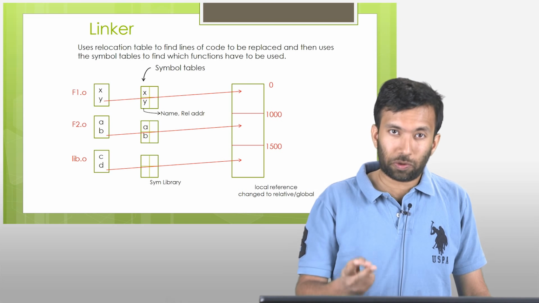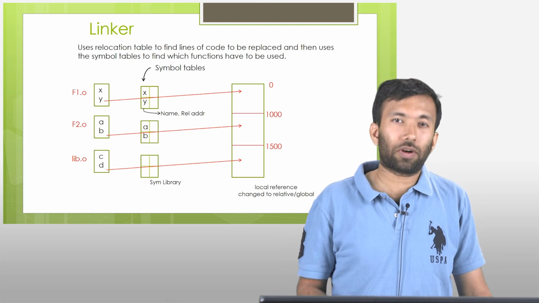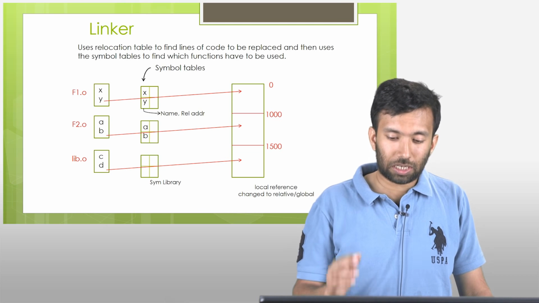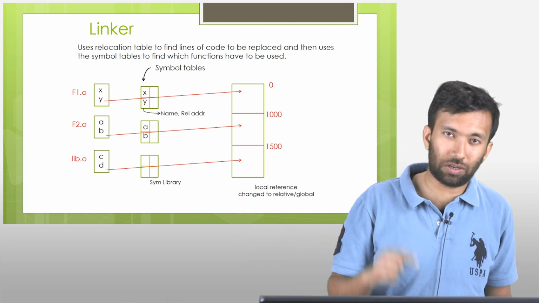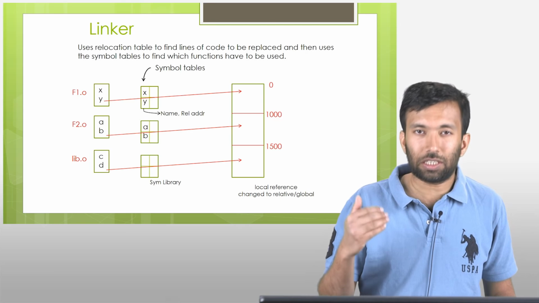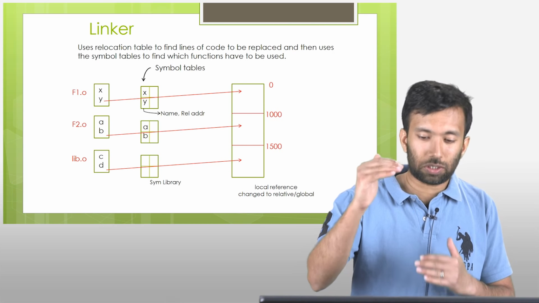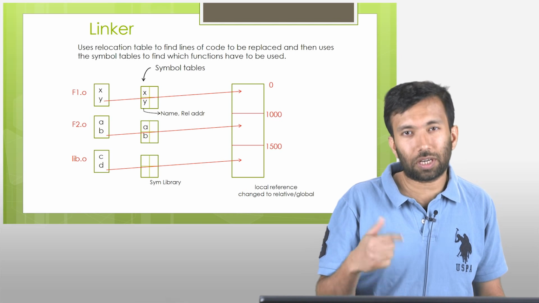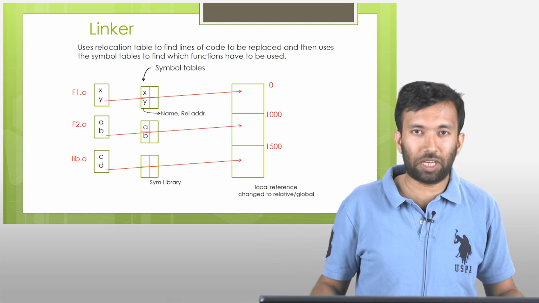So if there are two programs that the linker is converting to binary, both the programs will have the same start address, 0. So the linker just arbitrarily assigns the first line of code as the address 0 and then keeps on incrementing the address until it reaches the end of the program. So the whole monolithic program will have addresses starting from 0 and it will be incremented by 1 and the end will be some big value.